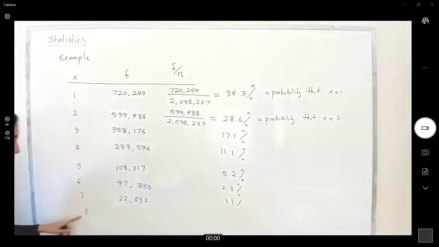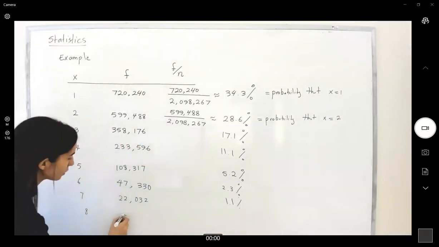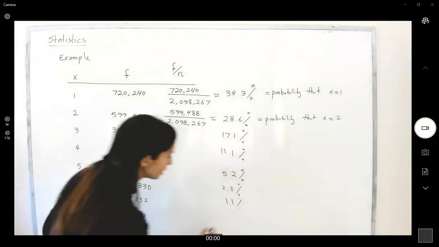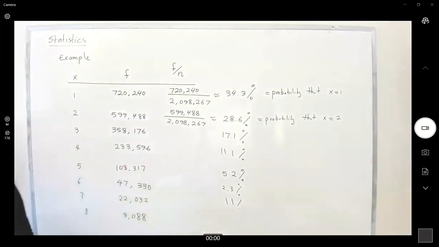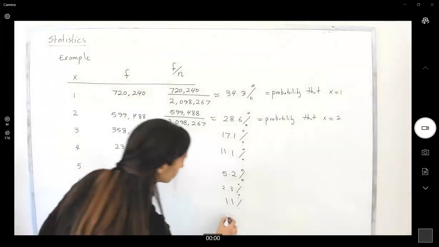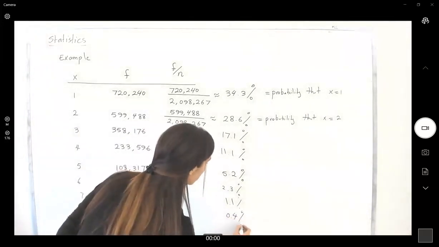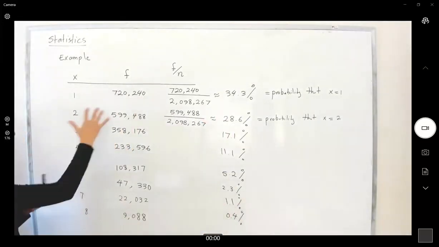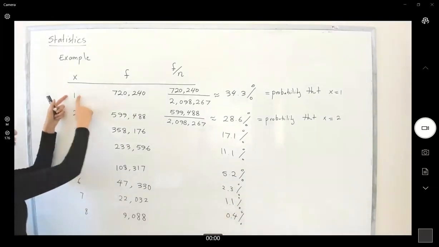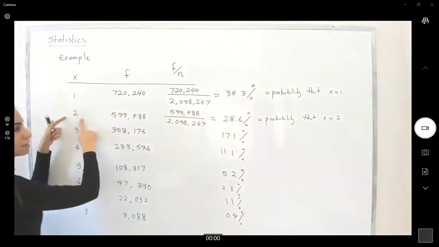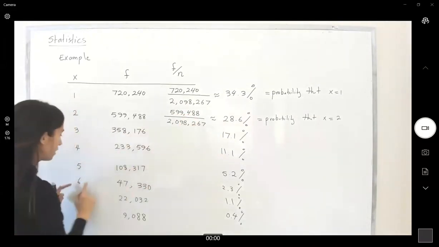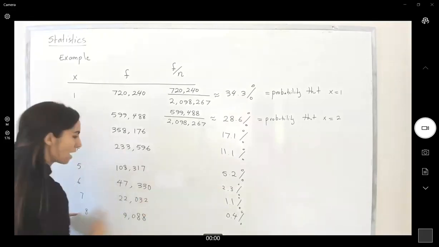And finally, if X is equal to 8, you have 9,088. And the relative frequency or the probability is 0.4%. So we found the probabilities for each of these cases. If X is equal to 1, this is the probability, X equal to 2, the probability, 3, 4, 5, 6, 7, and 8.